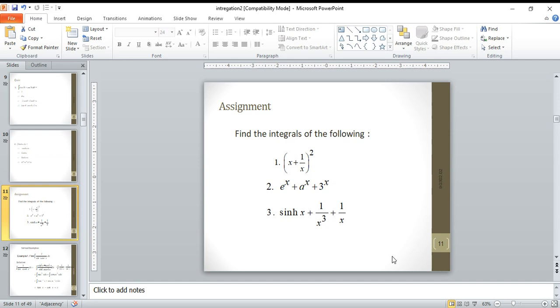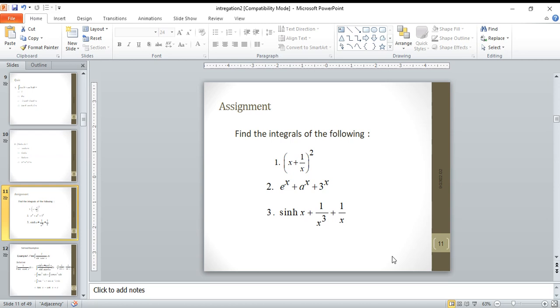For 1 by x cube, take x cube to the numerator, x power minus 3, so integration gives x power minus 2 by minus 2, that is minus 1 by 2x square. Now for 1 by x, don't do the same, because that would give an infinite value, which is not correct.